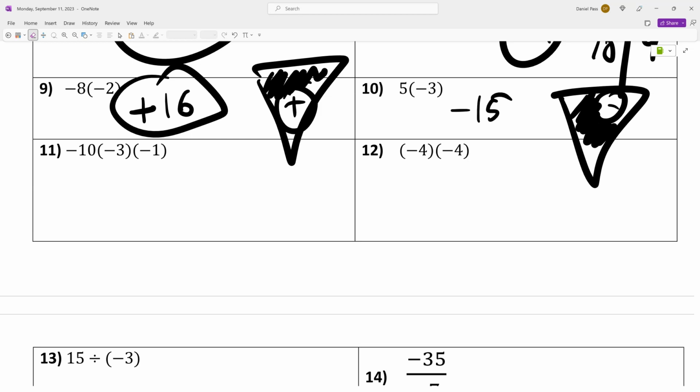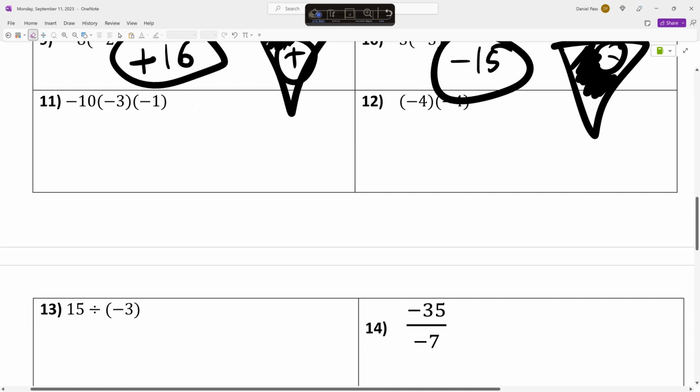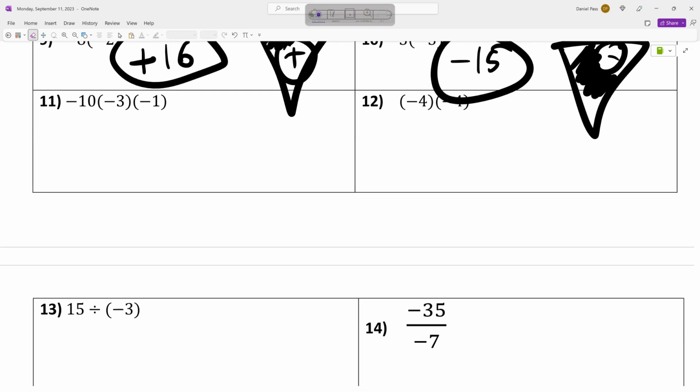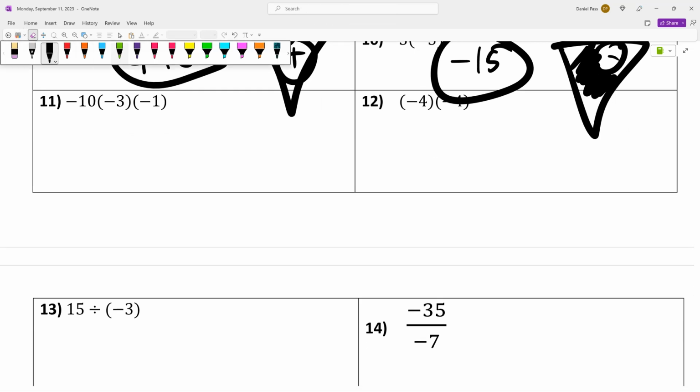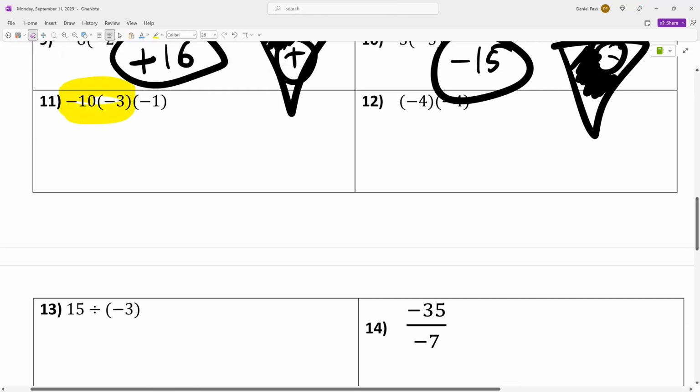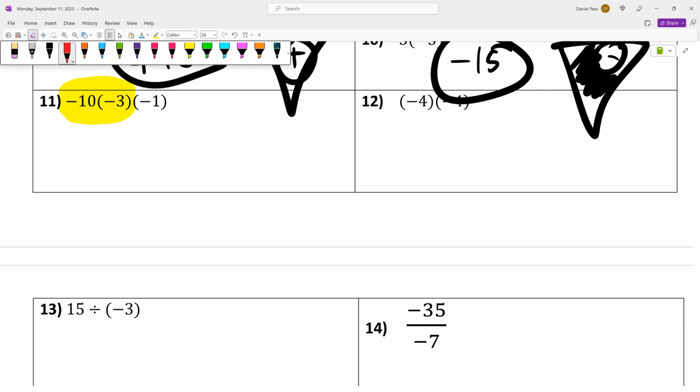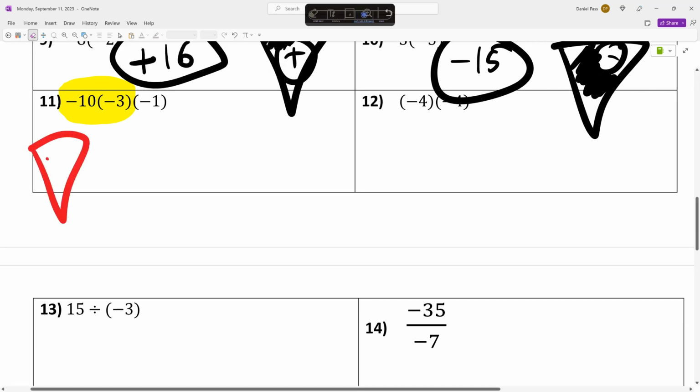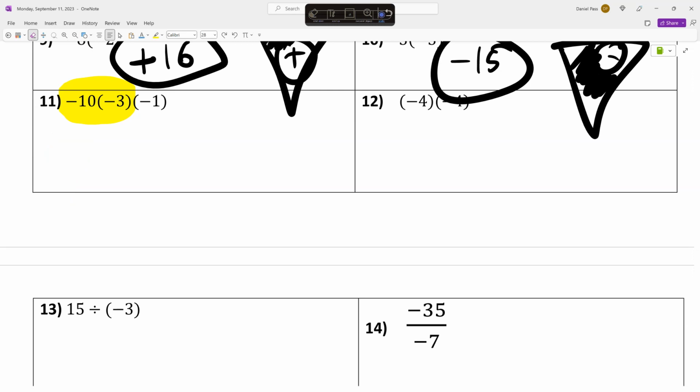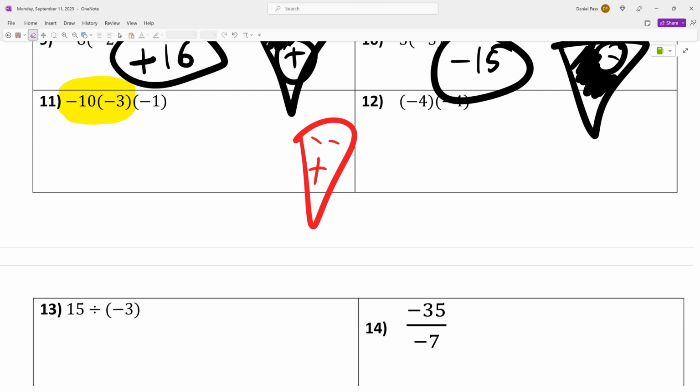I'm going to do number 11 because 11 is 3 numbers. 3 numbers means that you have to do 2 at a time. So we do these 2 first. And what happens with those 2? Let me put the Dorito Man over here. You multiply. So negative, oops, that was a weird Dorito Man. Okay, 2 negatives make a positive. So it's positive 30.